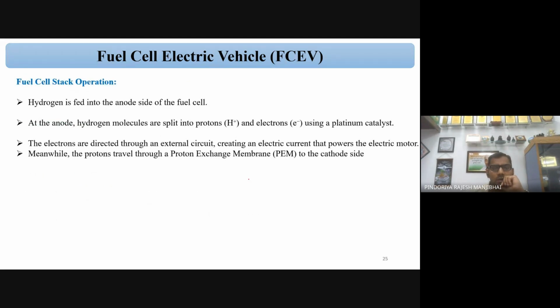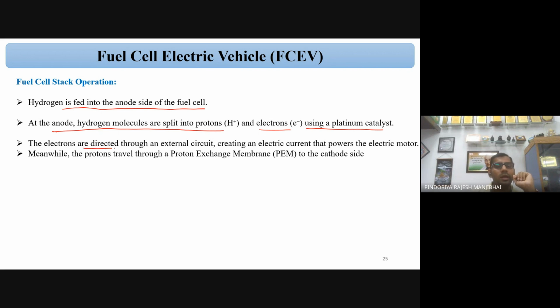Fuel cell. So what is the use of the fuel cell? Hydrogen is fed into the anode side of the fuel cell. At the anode, hydrogen molecules are split into protons, that is H+, and electrons, that is e-, using the platinum catalyst. We can say this is the operation principle of the fuel cell.